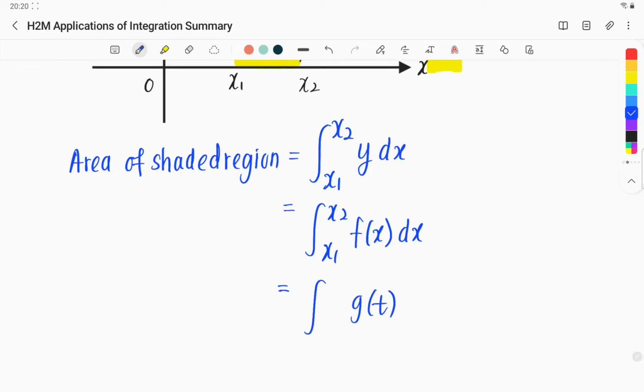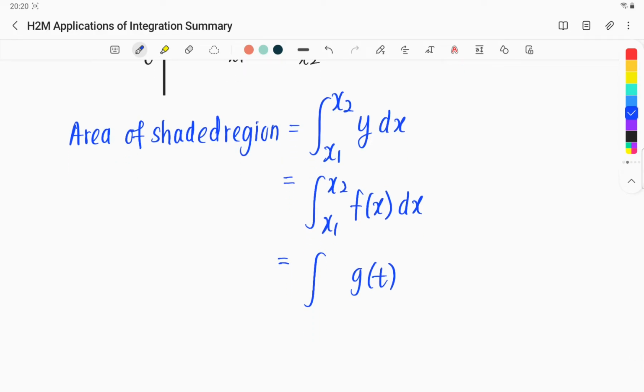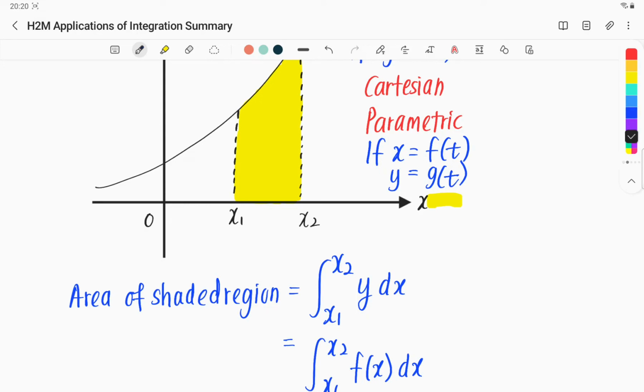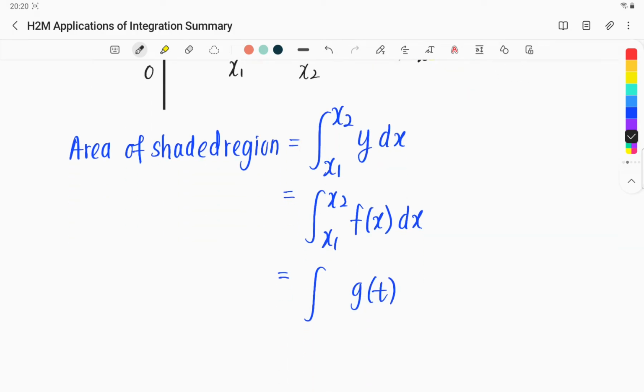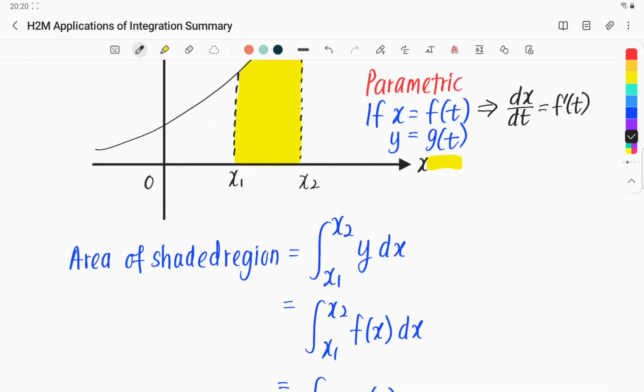How is that replacement going to happen? Pay attention. If I differentiate x equals f of t with respect to t, I'll get f prime t. Do you see your dx and dt? I can make dx the subject and make the replacement, so dx is f prime t dt.